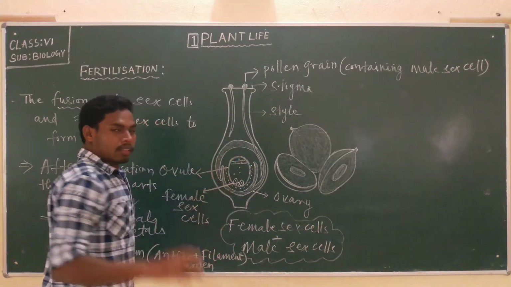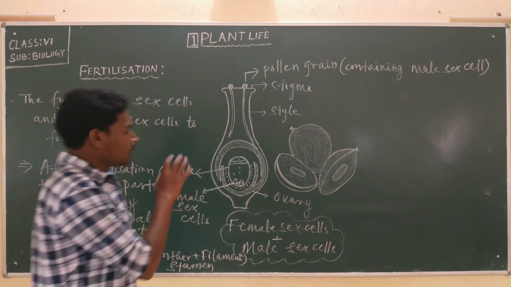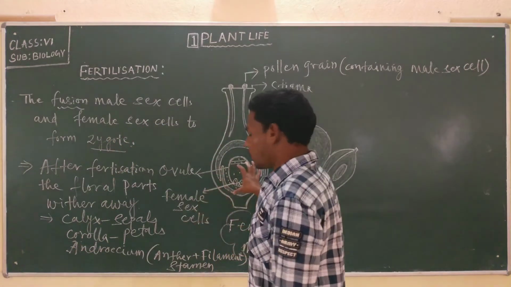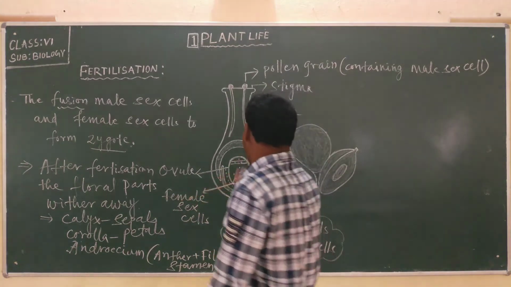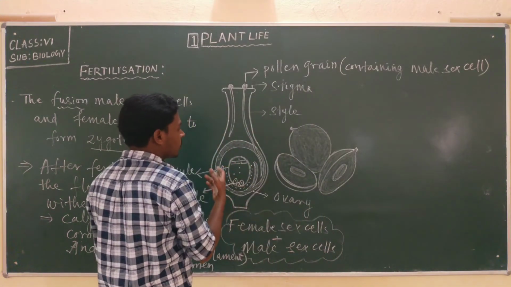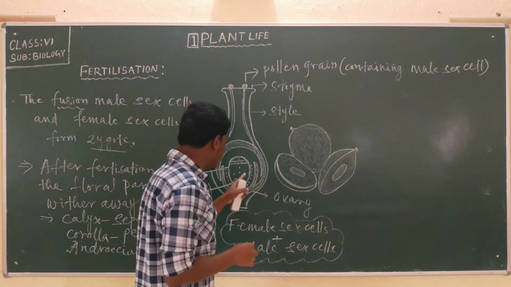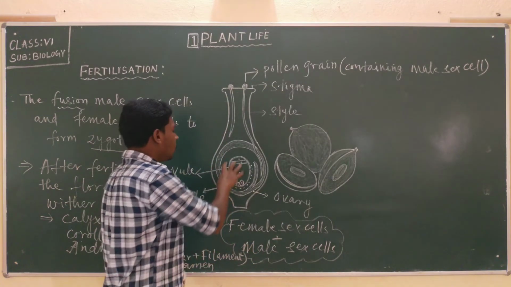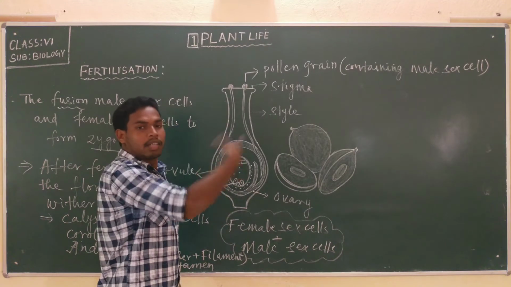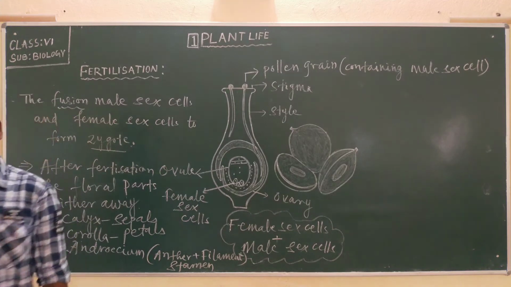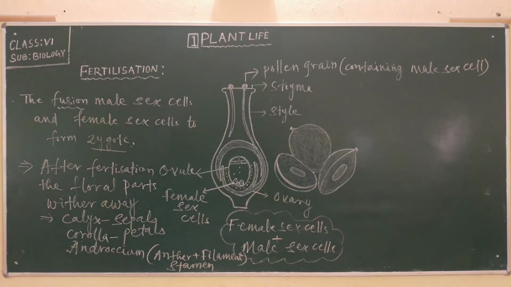The ovary that is present is going to turn into a fruit, and the ovules will turn into seeds. So now we understood that after fertilization, the ovary turns into fruit and the ovules turn into seeds.